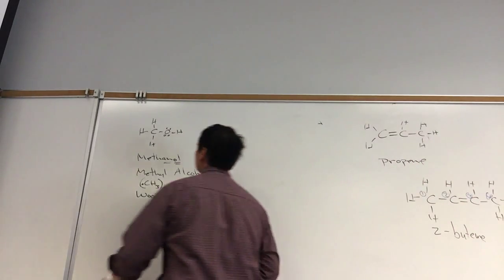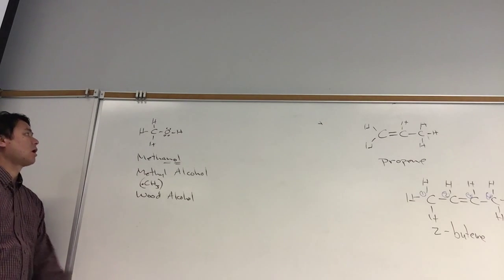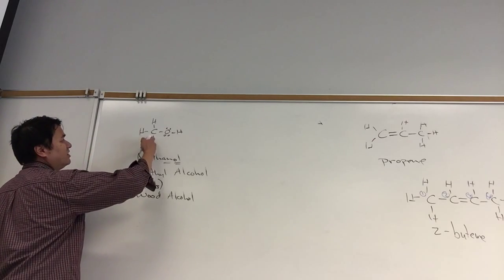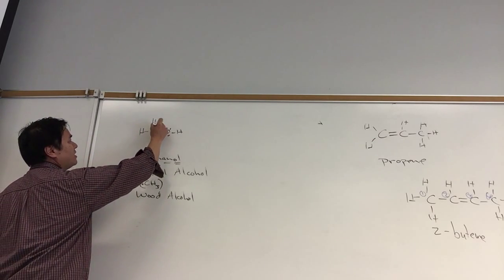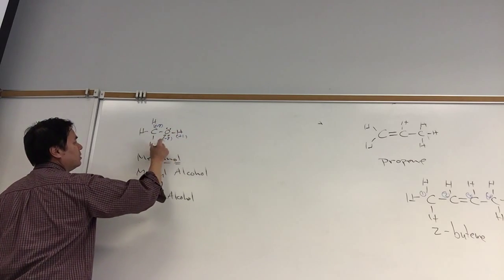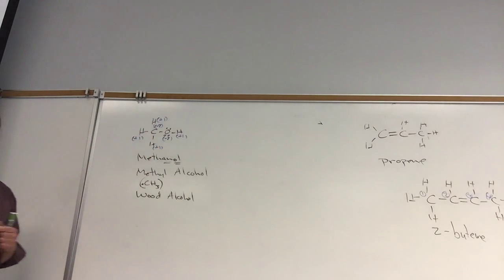What are the oxidation states here? The carbon is going to be 2, 4, 6. 6 is minus 2. This oxygen is minus 2. The hydrogens are plus 1, plus 1, plus 1, plus 1. That's it.